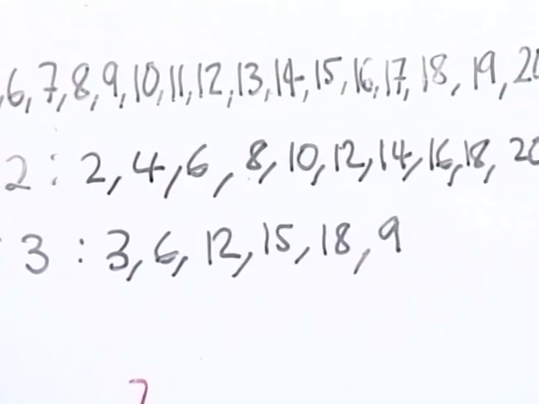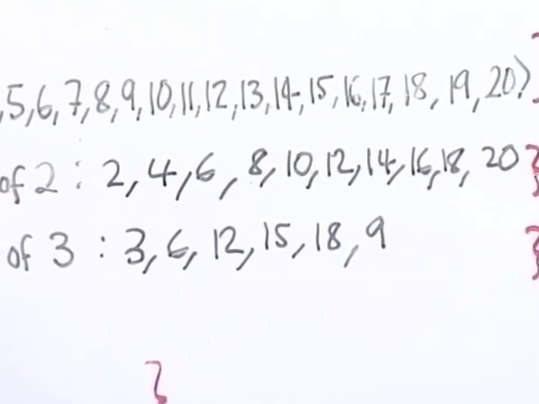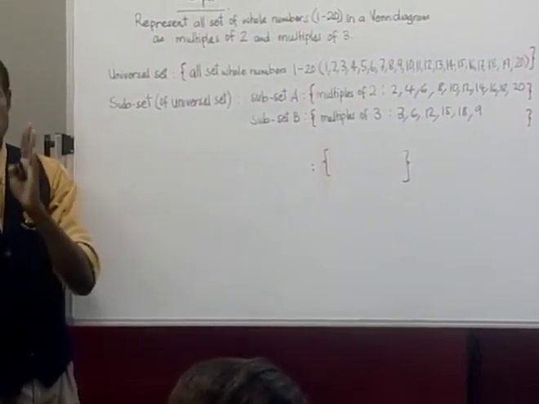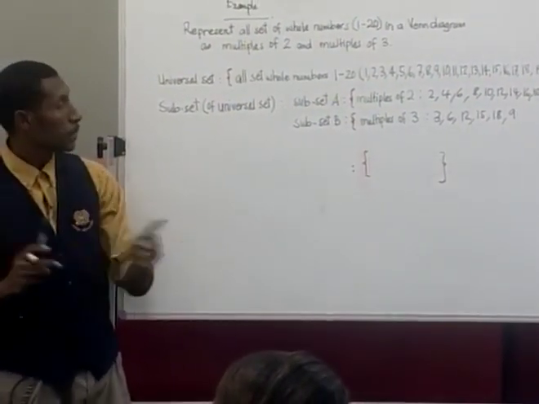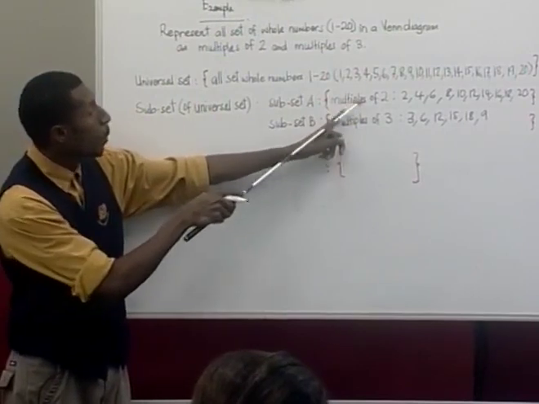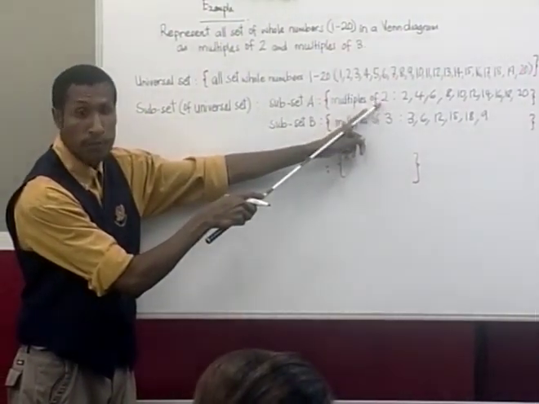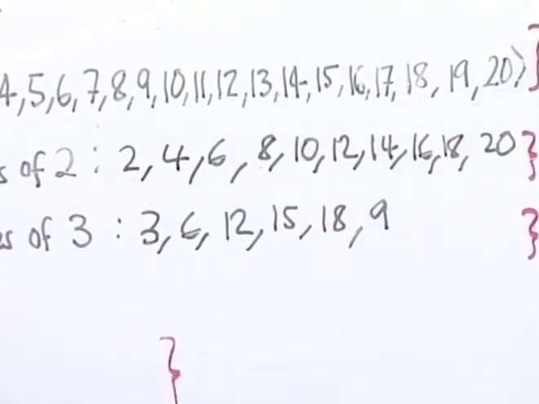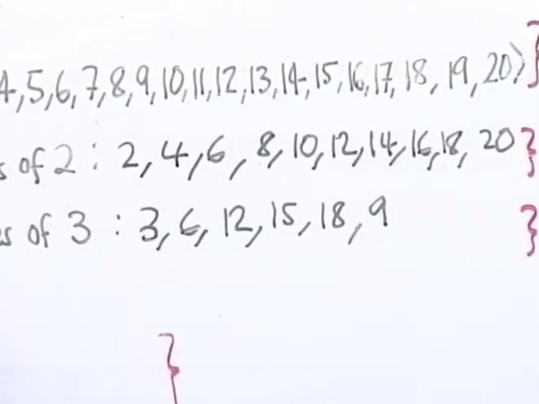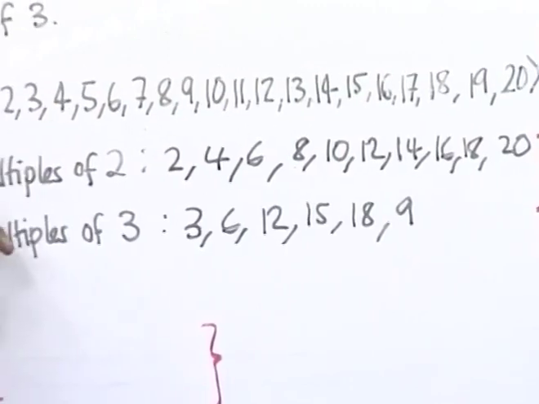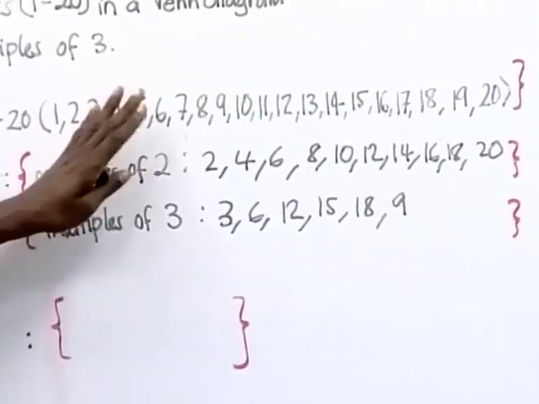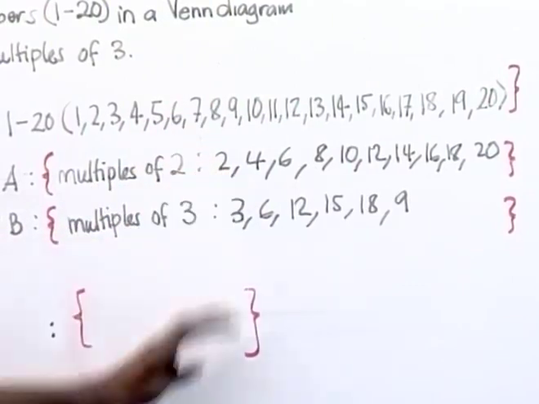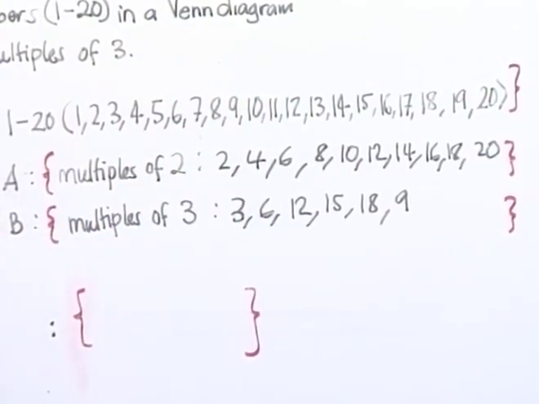So, in this universal set, from 1 to 20 as a whole set, we have two small subgroups: the subgroup of multiples of 2 from between 1 to 20, and the subgroup of multiples of 3 from 1 to 20. So there are two subsets or subgroups from this universal set.